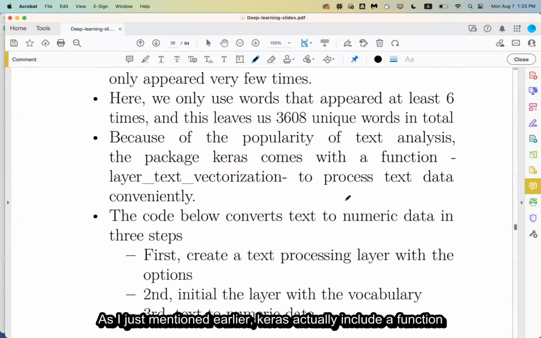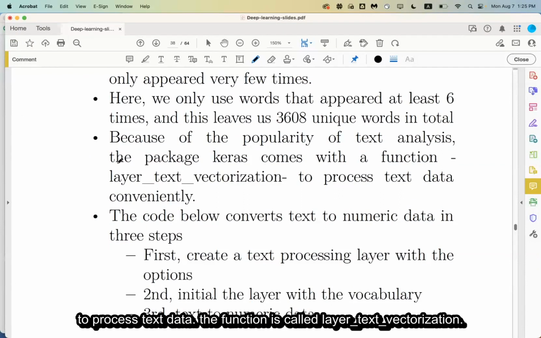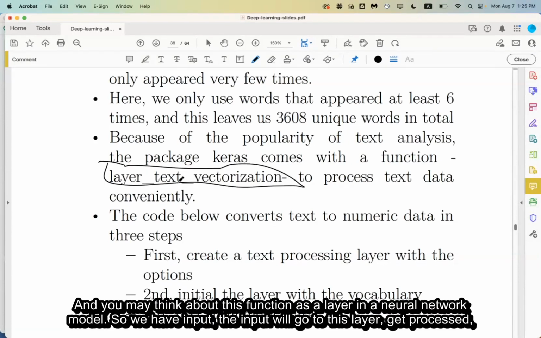As I mentioned earlier, Keras actually includes a function to process text data, called layer_text_vectorization. You may think of this function as a layer in your neural network model.